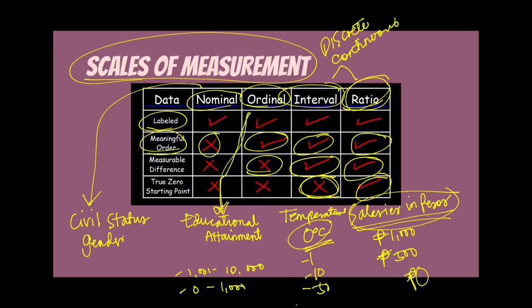Why? Because again, the difference between the two values is no longer determinate because you've already put them in brackets. But usually, when we measure salary, so that it will be easier to answer, we use ordinal. We use brackets. Like for example, class A, class B, class C, class D, usually based on the National Economic Development Authority.